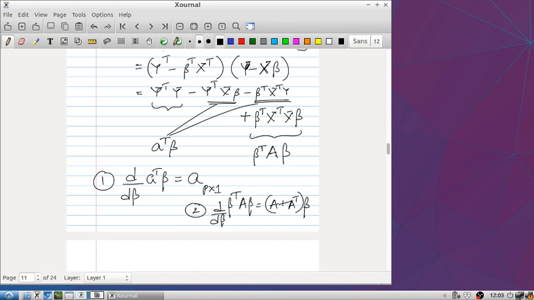So imagine if beta was a scalar: d by d beta of A beta is just A, a one-dimensional thing. And here, this is A beta square. If beta was a scalar, then the derivative would be A plus A times beta, which would be 2A beta. So if there's a beta square, a factor of 2 comes in, and that's captured by this matrix. If this was the same matrix, there'd be a factor of 2, so you would see that.